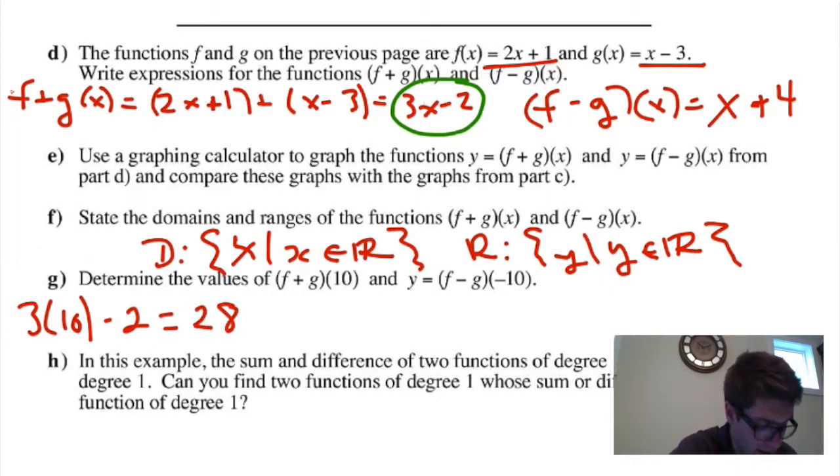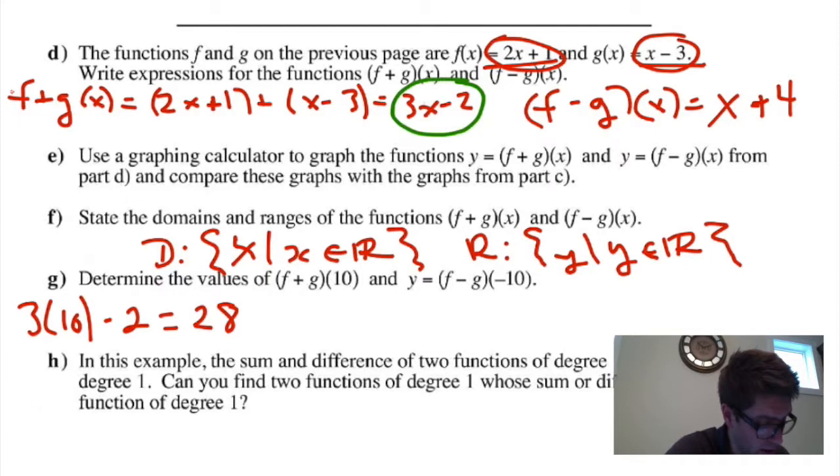It's interesting that if I were to find f of 10 using my original function, 2 times 10 plus 1 is 21, and g of 10, so 10 minus 3 is 27. If I added those together, I'd get 28.